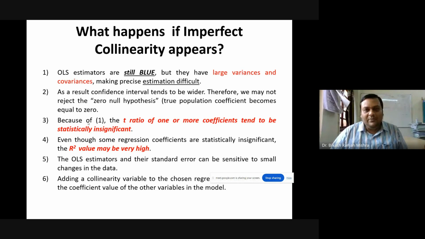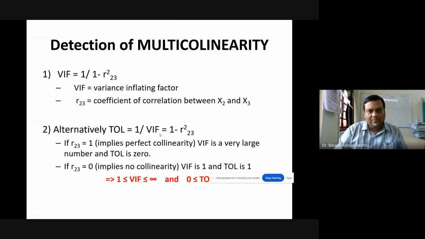If there is a collinearity problem, then t statistics may be biased or give you a distorted fact. Similarly, the third thing is the possibility of a very high R square value, whether R square or adjusted R square. So there are several consequences of the collinearity or multicollinearity problem.